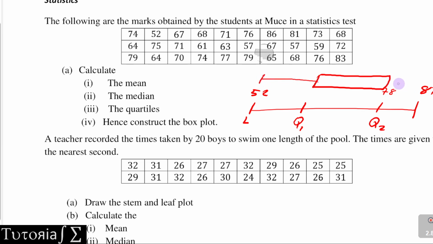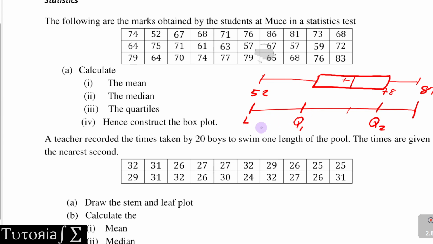So the whiskers of the box will be from the lower end to the upper end. Then the boundaries of the box will be governed by the quartiles. Then there'll be a line there showing the middle point, and the mean will be there. So the mean is either above the middle point or below the middle point.